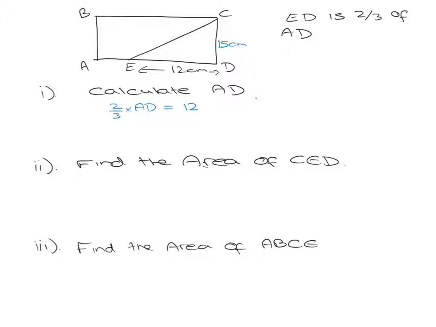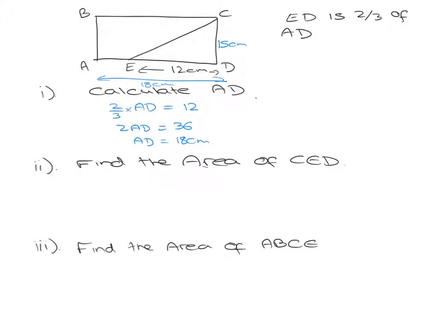So let's get rid of the fraction first, so we'll times both sides by 3. So 2 times AD equals 12 times 3, which is 36. So AD is going to be 36 divided by 2, which is 18 centimetres. So we now know that whole distance here is 18 centimetres.